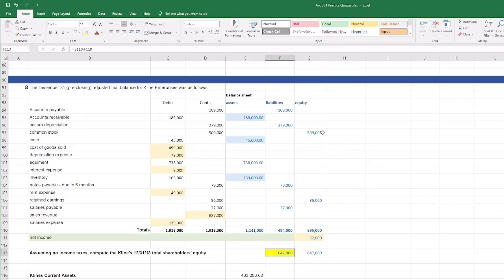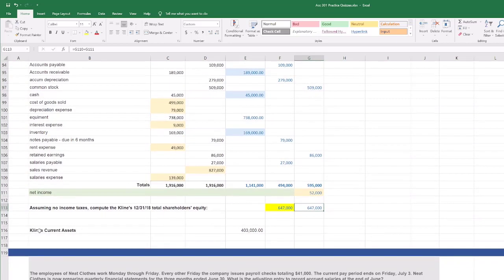Another way to prove that is I can take my equity accounts, common stock and retained earnings, which gets me $595,000. Then I add my net income, which is sales of $827,000 minus cost of goods sold, minus depreciation expense, minus interest expense, minus rent expense, minus salary expense, which gets me to $52,000. And when I take $595,000 plus $52,000, that gets me to $647,000. Okay? Hopefully that's helpful.